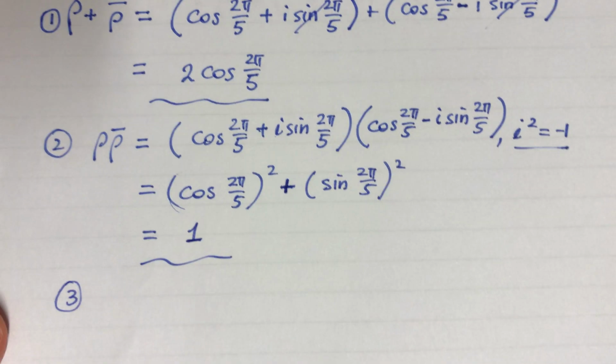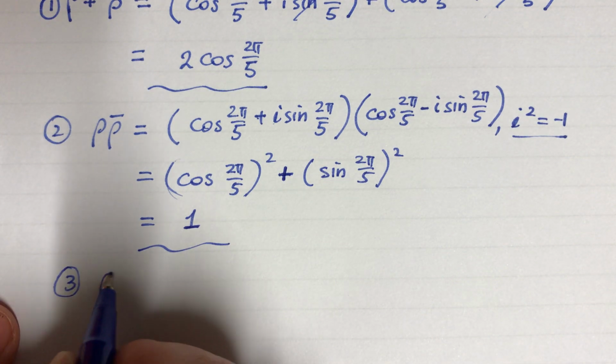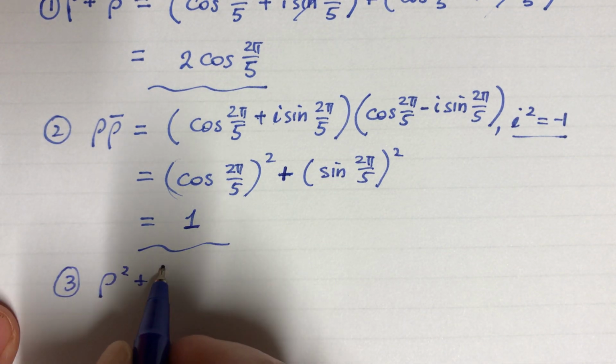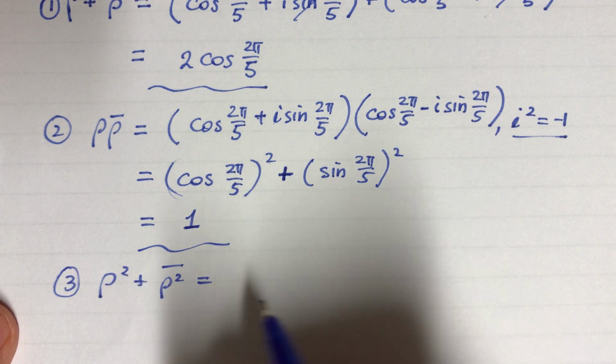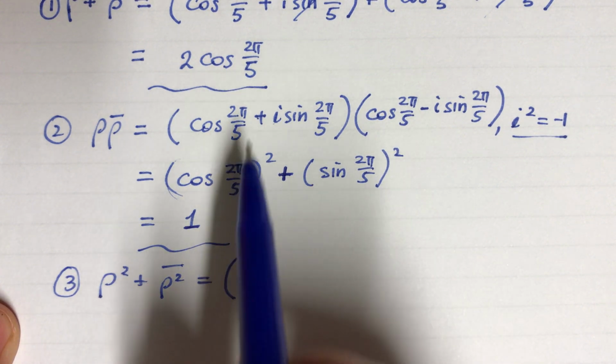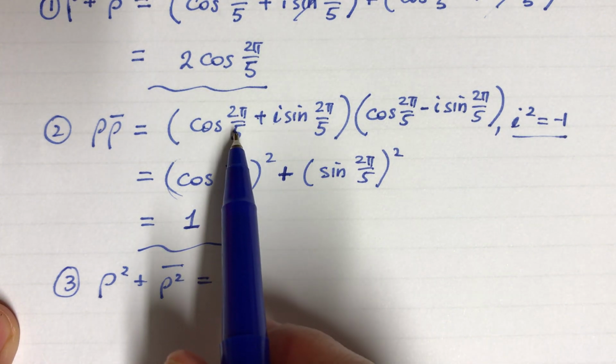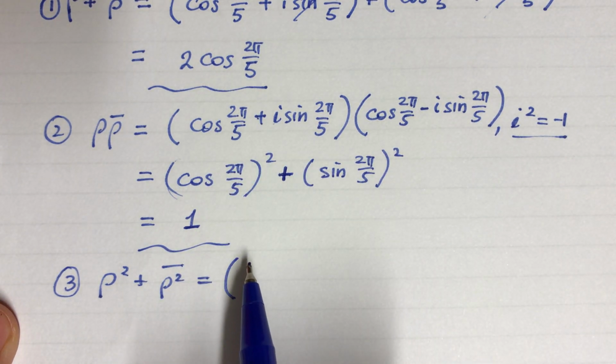Now 3 will be rho squared plus conjugate rho squared. Okay, so what's that going to be? That's simple, because if it's a square, by de Moivre's it becomes 4 pi over 5, not 2 pi over 5.